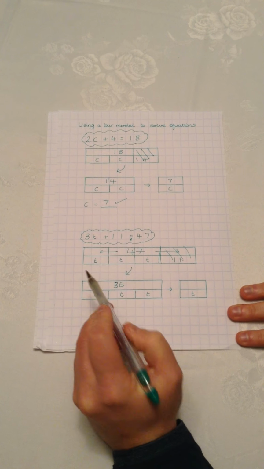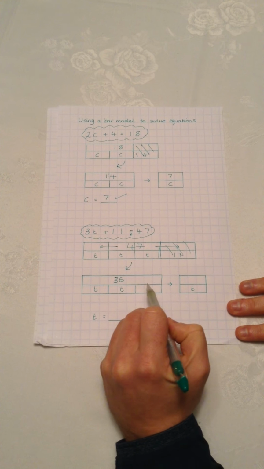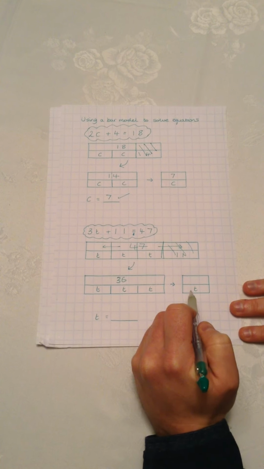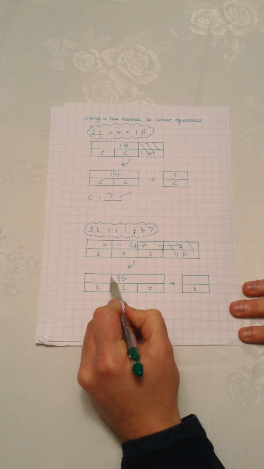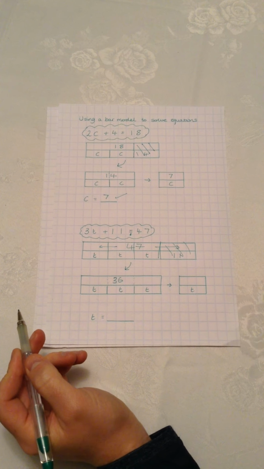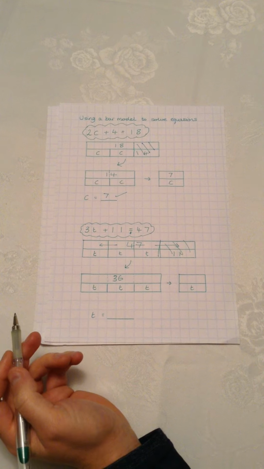So if I've got 3t and that makes 36, my next step is to find what 1t is. So I need to think, how am I going to split 36 into 3 equal pieces? Now if I know in my head 36 divided by 3, great.